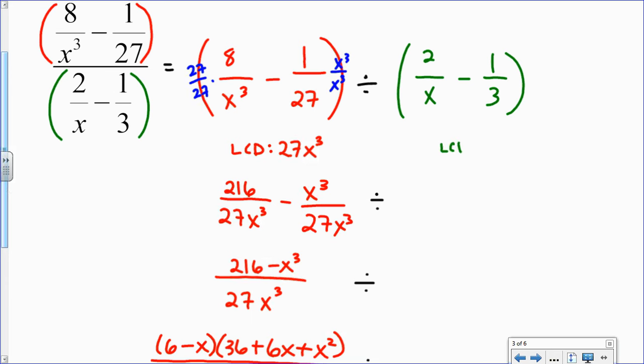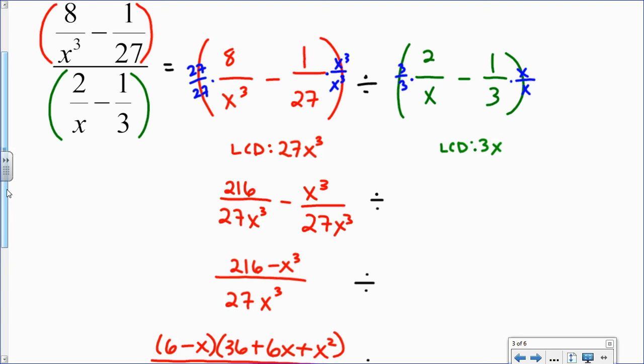So what's the LCD here between x and 3? 3x. Good. Okay, what do you need to multiply x by to get 3x? 3. What do you need to multiply 3 by to get 3x? X. Good.